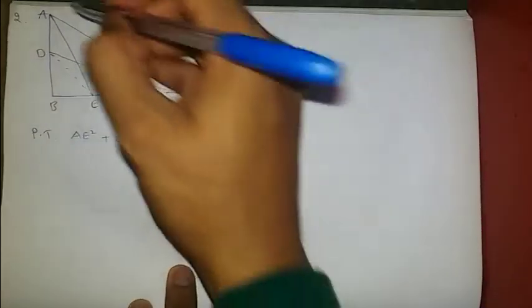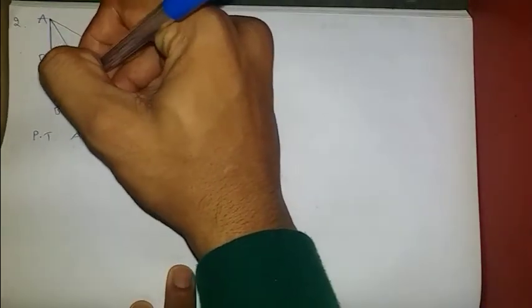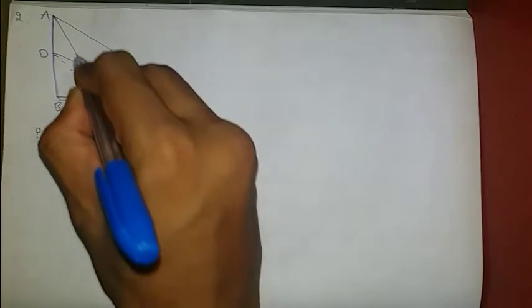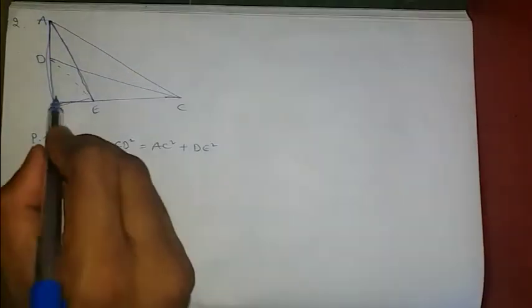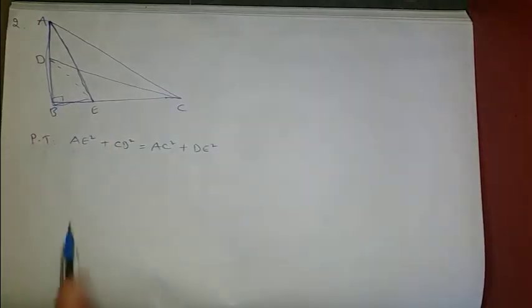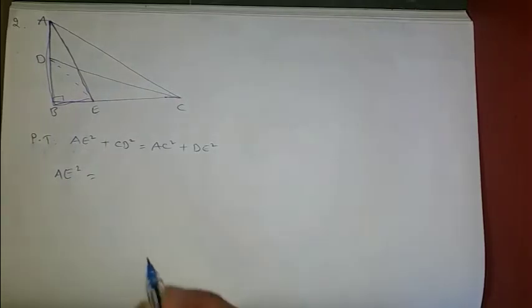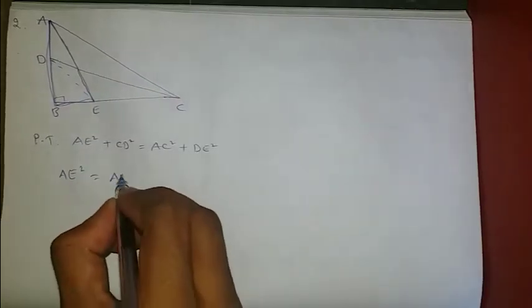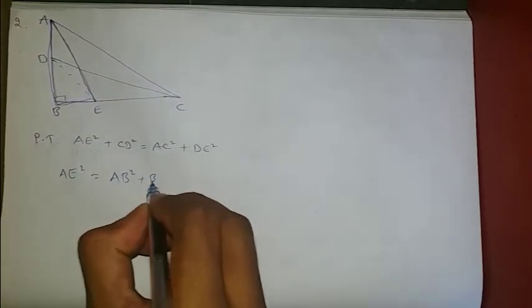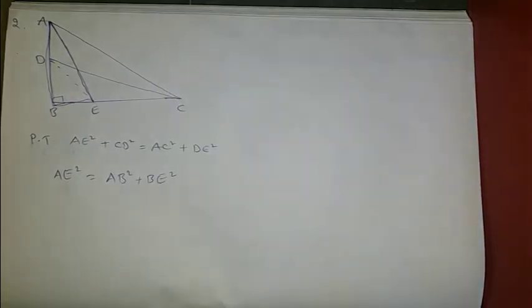Now if we observe this triangle ABE, at point B it is 90 degrees. So if we apply Pythagoras theorem for that, we will get AE square is equal to AB square plus BE square.